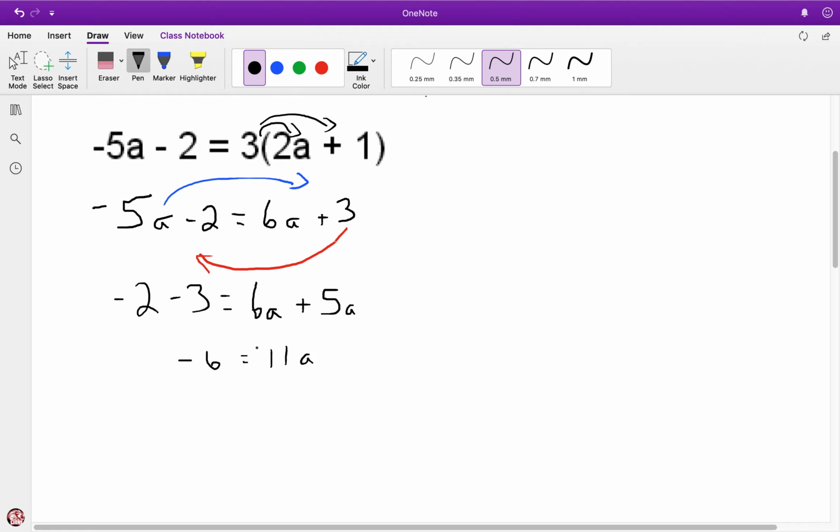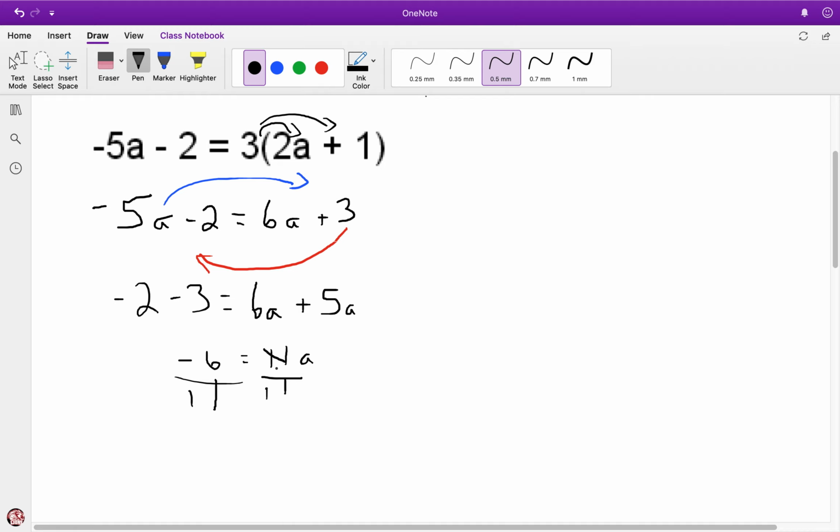Now we divide by the coefficient. So here, first step was we distributed. We didn't have to collect terms, so we rearranged. Then we collected like terms, and now we're going to divide by the coefficient. This is going to cancel these two out.